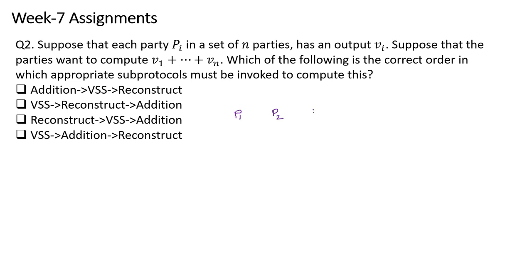So let's say we have three parties. P1 has x11, x12, x13. P2 has x21, x22, x23, and P3 has x31, x32, x33.